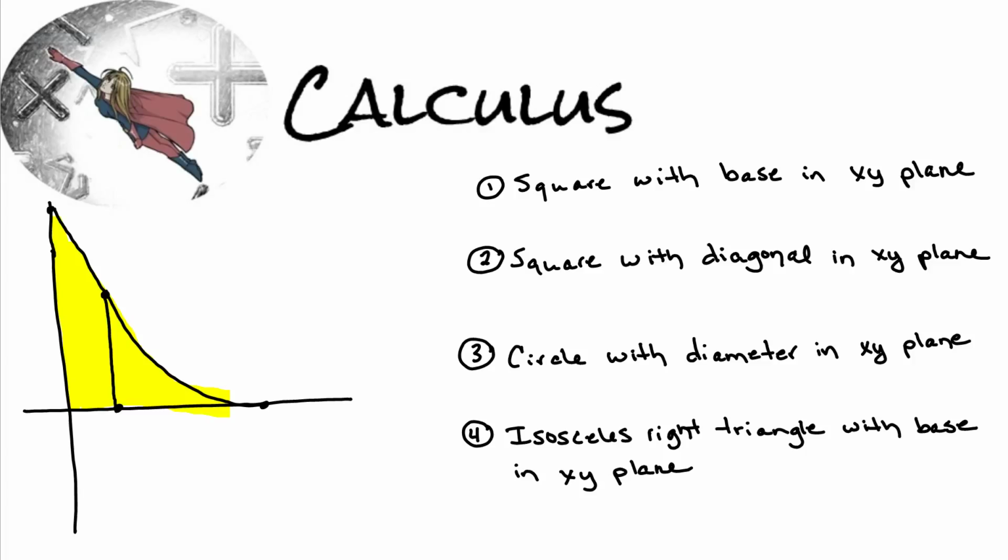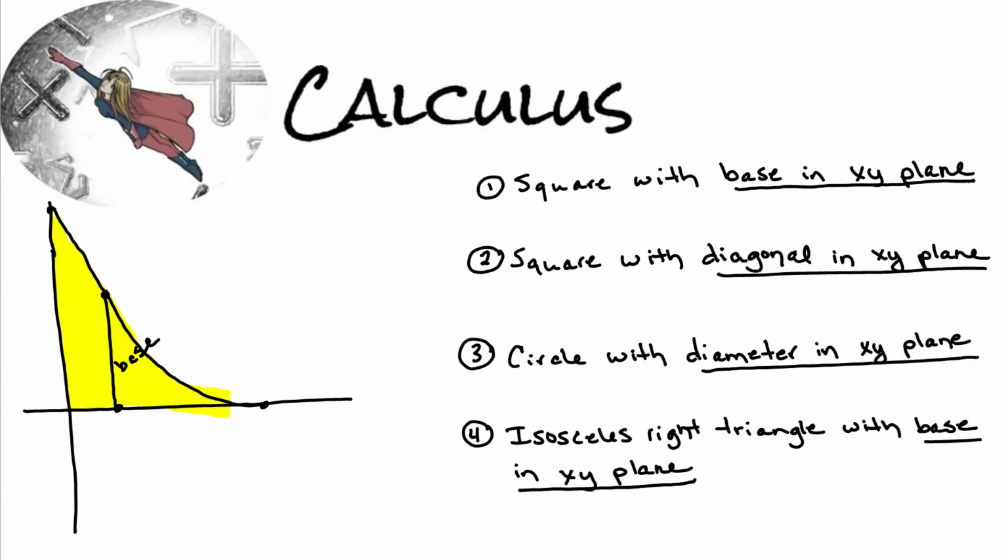So in number 1, it says the cross section is a square with the base in the xy plane. So that little line segment is going to be the base of the square. Every part that says blank in the xy plane, that is what that line segment is going to represent. So I just underlined those.